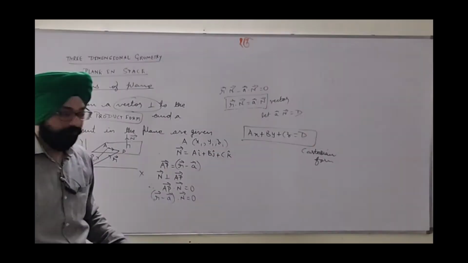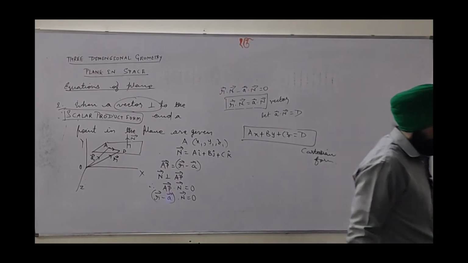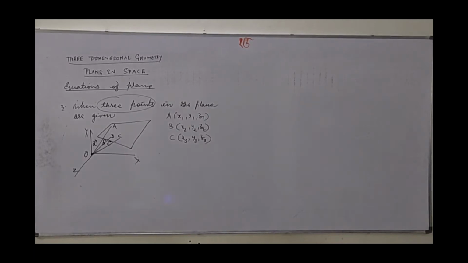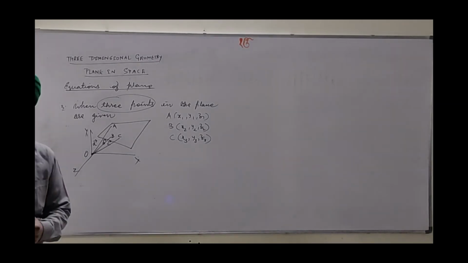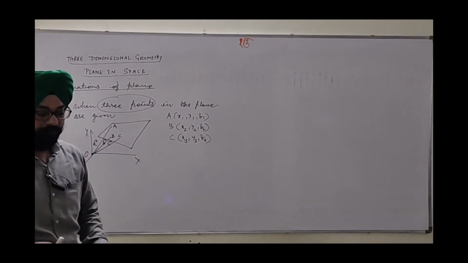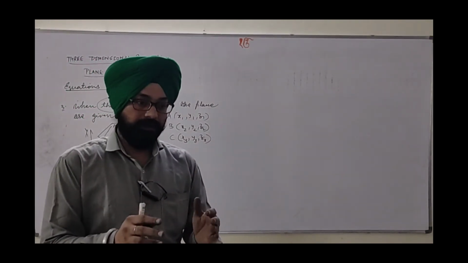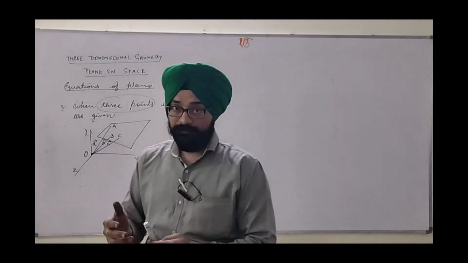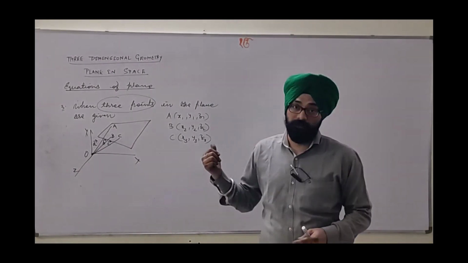Now we will see the next form of the plane. Yes, the third one. I consider this to be most important. By the way, one thing I want to say is that whenever we have to consider some form of a plane in standard form, we always consider the previous one, the scalar product form.